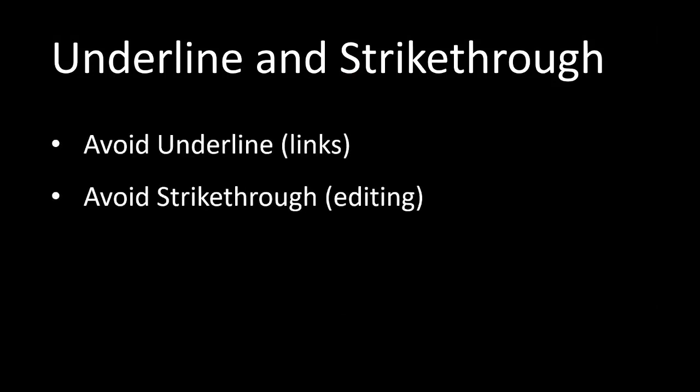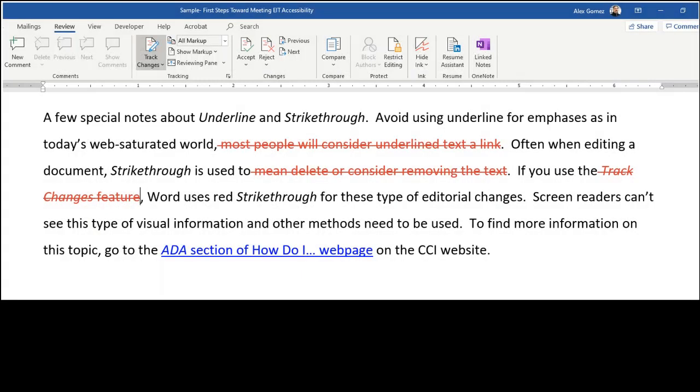Underline and strike through. A few special notes about underline and strike through. Avoid using underline for emphasis, as in today's web-saturated world, most people will consider underlined text a link. Often when editing a document, strike through is used to mean delete or consider removing the text. If you use the Track Changes feature, Word uses red strike through for these types of editorial changes.